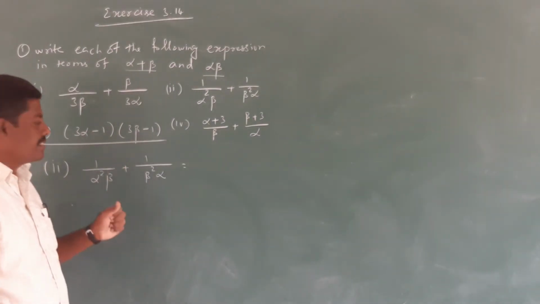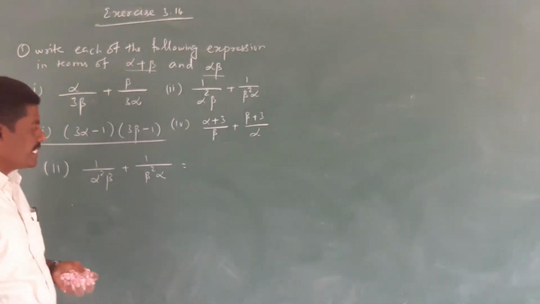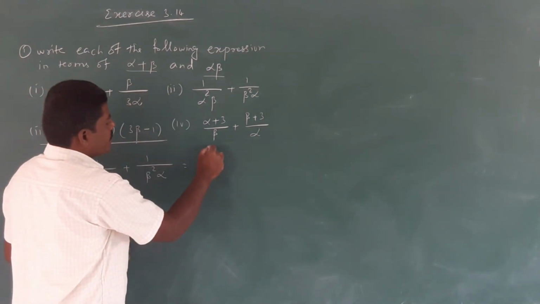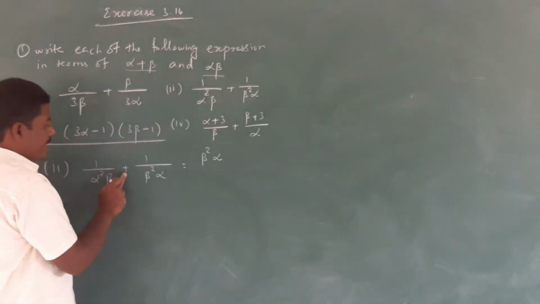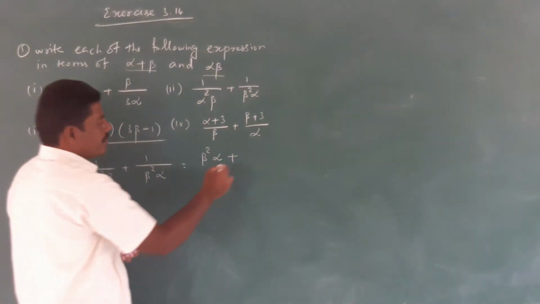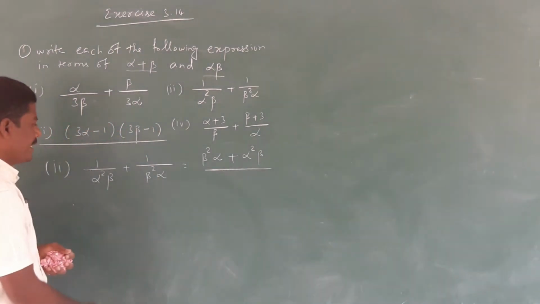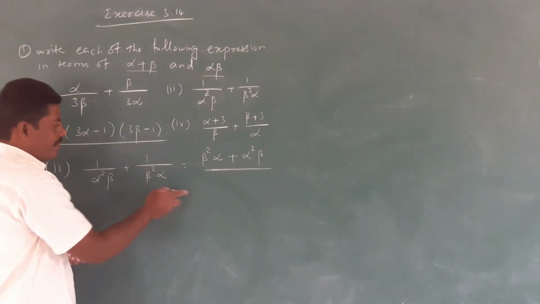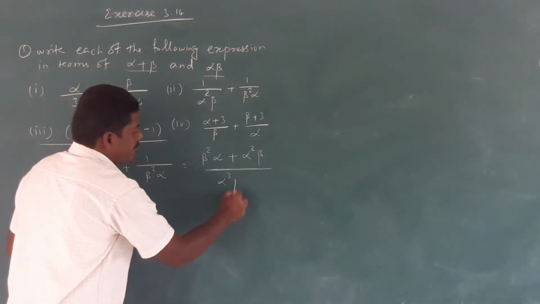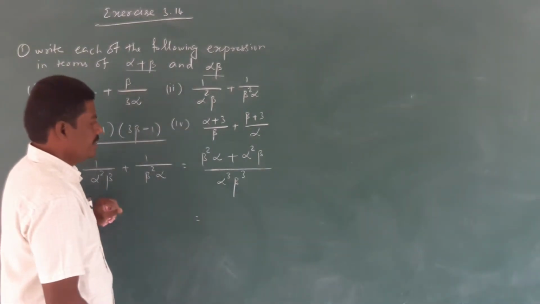The denominators are not alike, so in this situation we want to do cross multiplication. 1 multiplied by beta square alpha plus 1 multiplied by alpha square beta, whole divided by the denominator alpha cube beta cube, which is equal to the numerator.